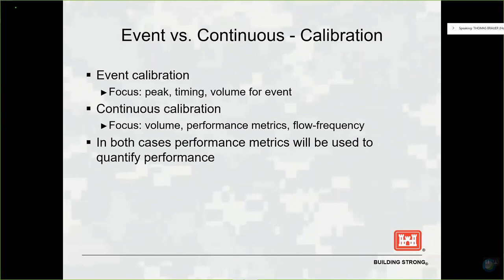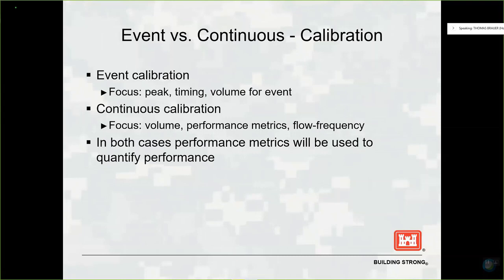Okay, so I distinguished event and continuous a little bit earlier. Once again, event is something on the order of days, maybe a week, so like 7 to 10 days at most. The point at which other hydrologic processes start to come into play, things like base flow and evapotranspiration, if you're modeling long enough for those processes to come into play, then that gets into continuous calibration, and that's when you need to start modeling those processes in your model.